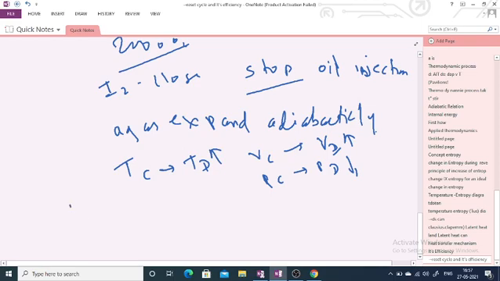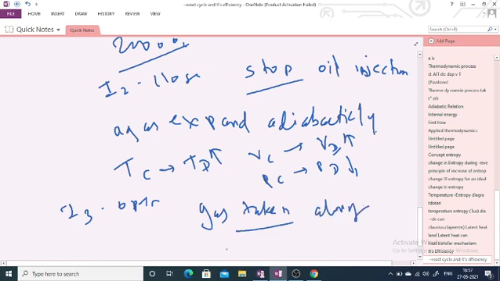Similarly here, I3 is open, and some amount of gas is taken outside along with the heat. That is the amount of heat rejected by the system, Q2.